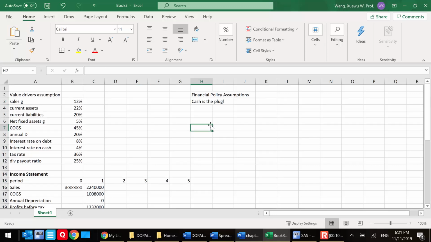It also says debt repayment is $300,000 every year, 300,000 per year. That is the financial policy assumption. What about equity? It doesn't say, so equity remains the same. So that's the financial policy assumption, and this is the value driver assumption.